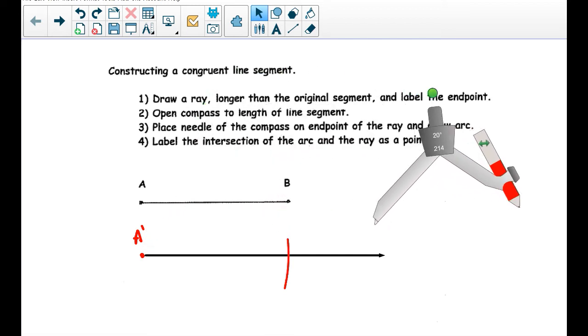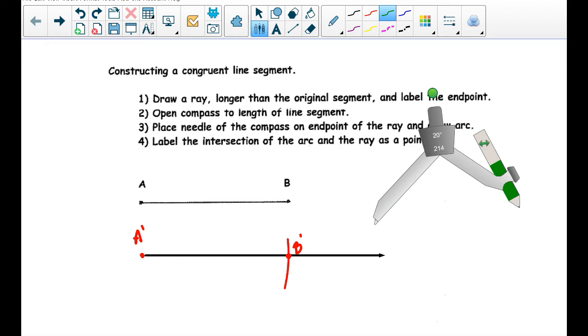So then at this point is point B prime. So A prime B prime is the same as AB. Okay, so, congruent line segment.